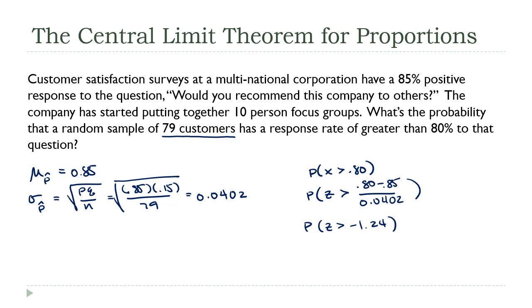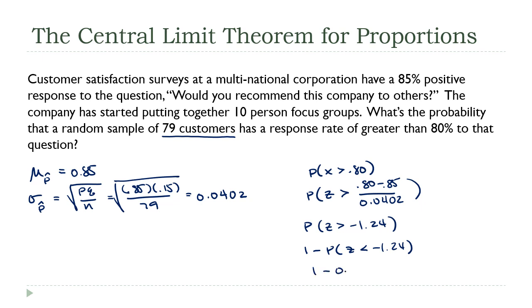And that's a greater than. We can't do greater than with the table. The table and a lot of technology solutions only give you less thans. So this is the same as 1 minus the probability that z is less than negative 1.24. And now you go to your table, your Excel, your calculator, or wherever you like to use.